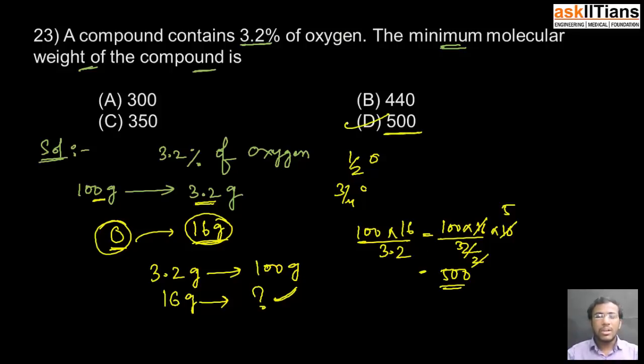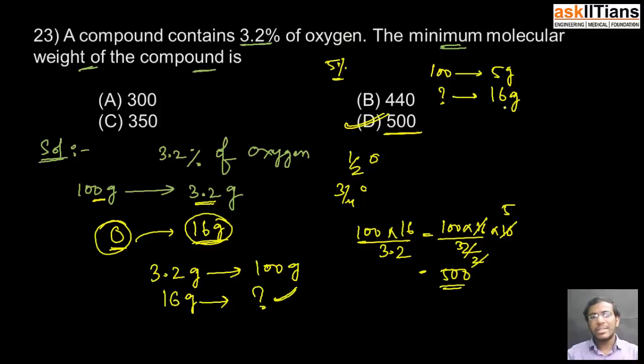So this is how we have to solve this question. Instead of 3.2, they may give you any other percentage. Suppose they give you 5% of oxygen. That is, 100 grams of the compound contains 5 grams. What will be its minimum molecular weight if it contains 5% oxygen?